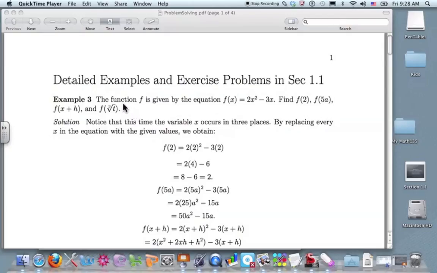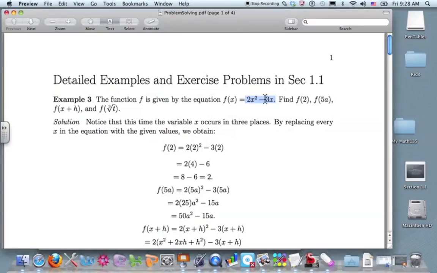Here we have the function given by the formula f of x equals 2x squared minus 3x. We're going to find f of 2, f of 5a, f of x plus h, and f of the third root of t.